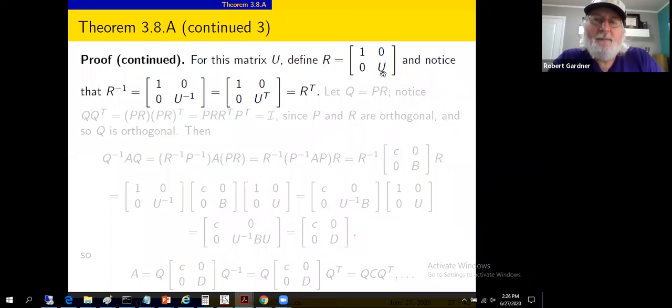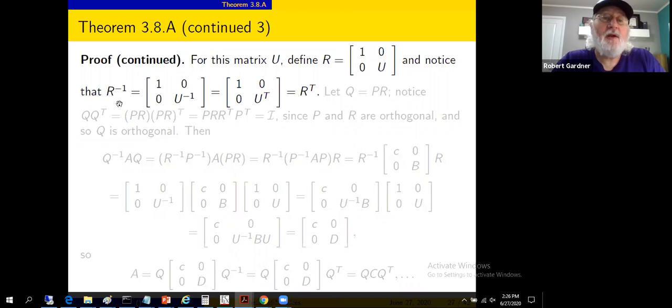So we've taken that matrix U and we've tacked on a 1, 0 as appropriate. A 1 in a column of zeros, a 1 in a row of zeros. This R, what it's got going for it is it's somehow intimately related to matrix U, and it's n by n.